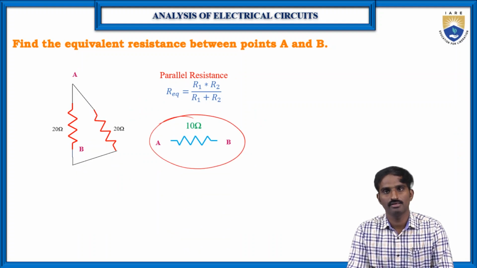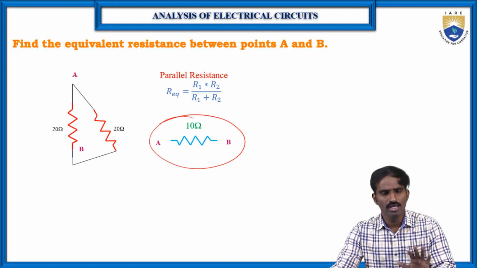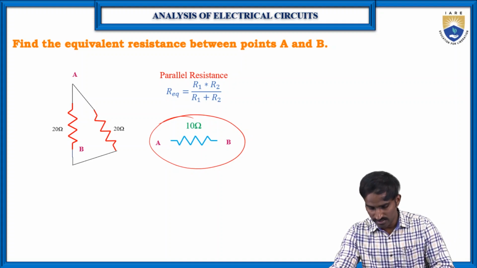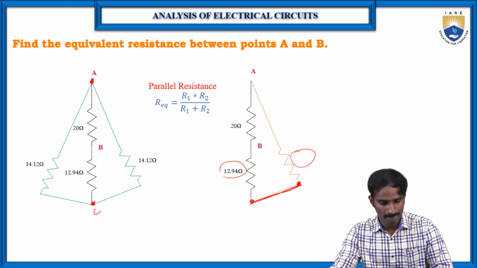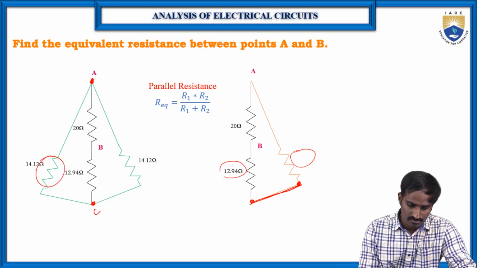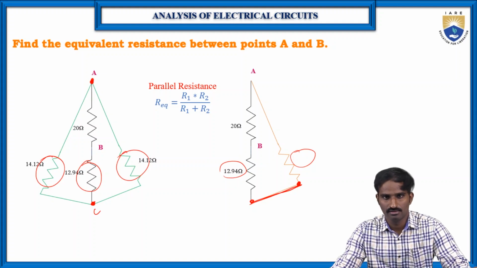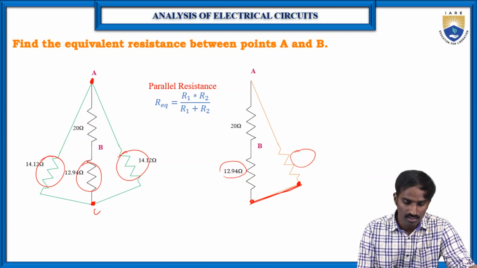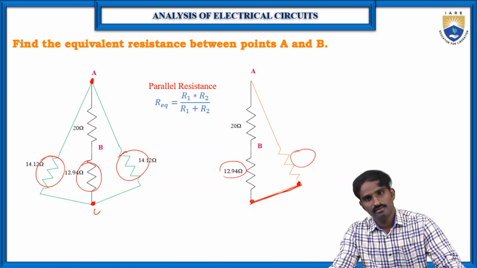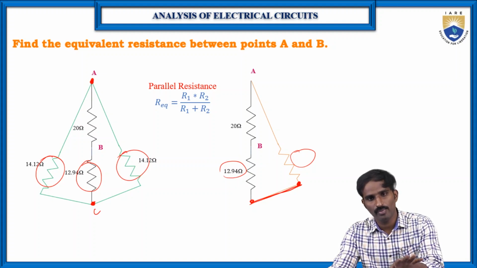So this is how we can find the equivalent resistance between any two terminals by using the star to delta and delta to star transformation. Of course, you need to be able to identify them. Three resistors connecting at one common node is a star connection. But if you are able to identify any combination of two resistors in series and parallel, then we will go for the series and parallel combination only.